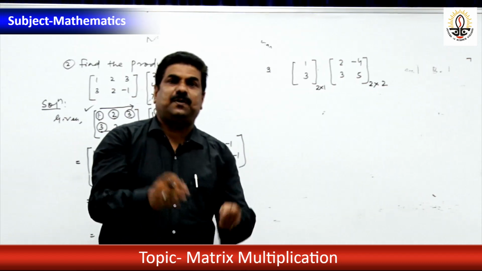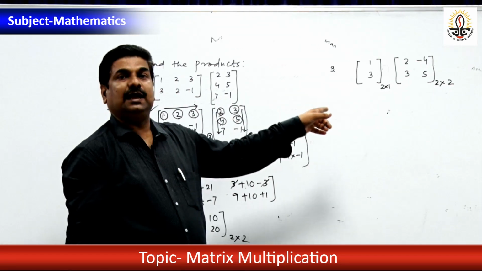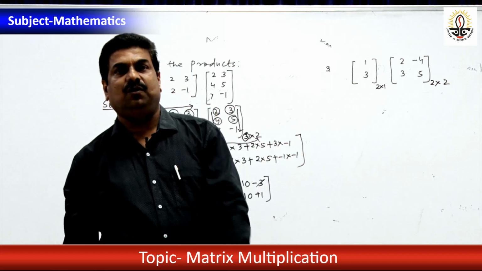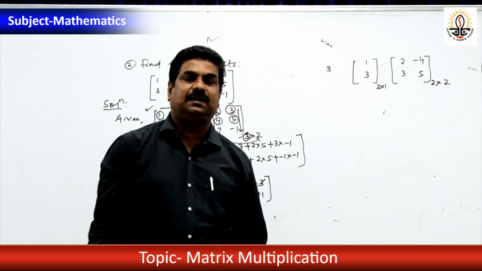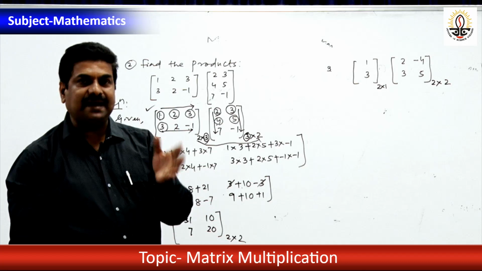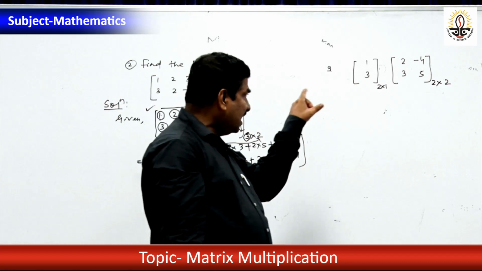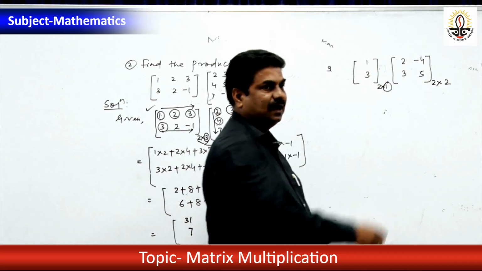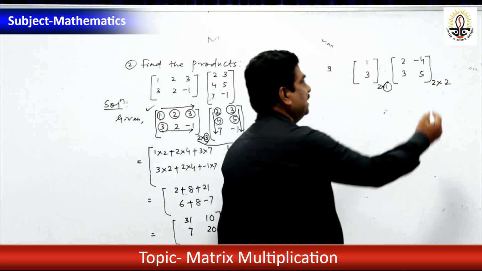I have already explained you dear. If the number of columns of the first matrix is equal to the number of rows of the second matrix, then only matrix multiplication is possible. Here you see the number of columns of the first matrix is 1 and the number of rows is 2.